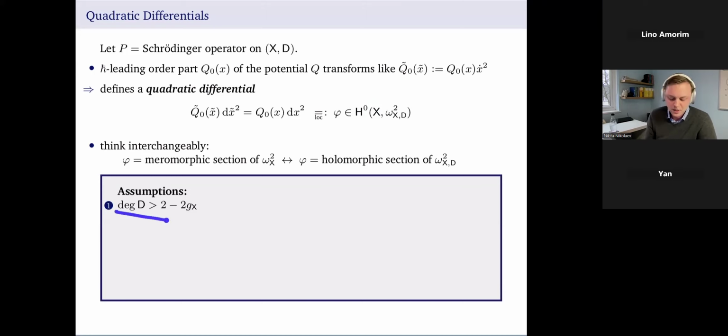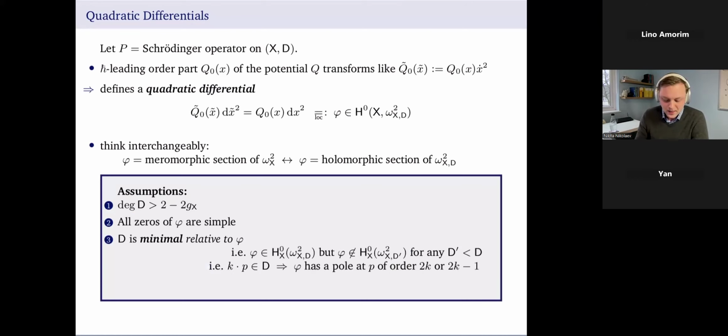So assuming something like this is very standard. Then there's the second assumption. That one is important. I'm going to assume that this quadratic differential phi has only simple zeros. This can be generalized, but it's best to assume that you have simple zeros. And I'll mention why this is important on the next slide.